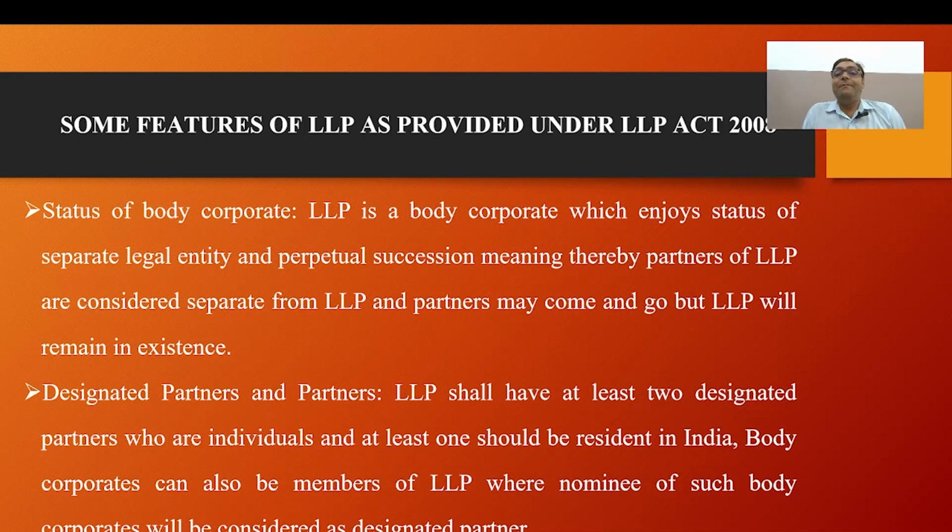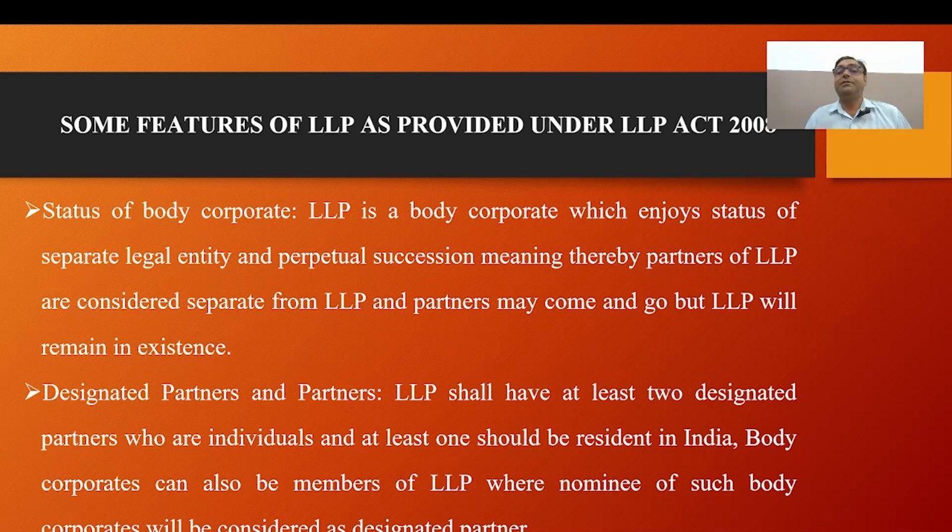LLP shall have at least two designated partners who are individuals, and at least one should be resident in India. Body corporates can also be members of LLP, where the nominee of such body corporate will be considered as designated partner.